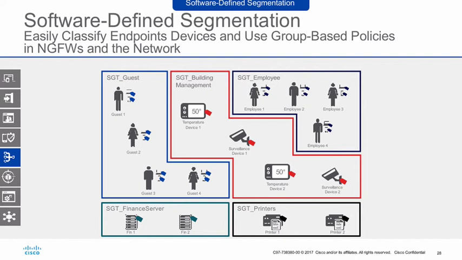If I've got various types of users and devices on the network, say an Internet of Things type of building management or lighting system, these devices do not need to have access to our finance servers. So we can build this type of group-based policy, and then using next-gen firewalls in the network, we can enforce it. We're going to talk a little bit more about how that looks soon.